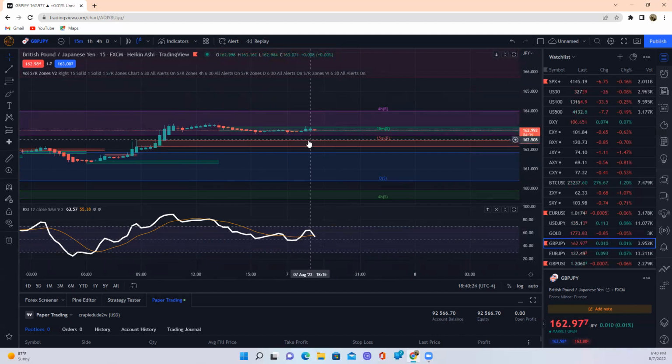And again, we're going to use the 15-minute time frame, right? So right now we see that price is in this 4-hour resistance area, right? So what we're looking for, and not right now, but just for an example, is to see how price is reacting in this 4-hour resistance area, okay?